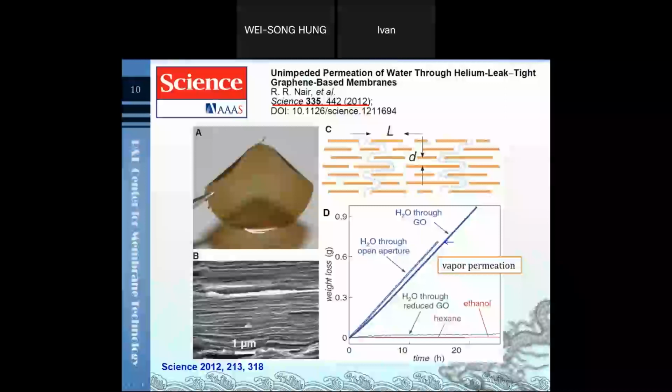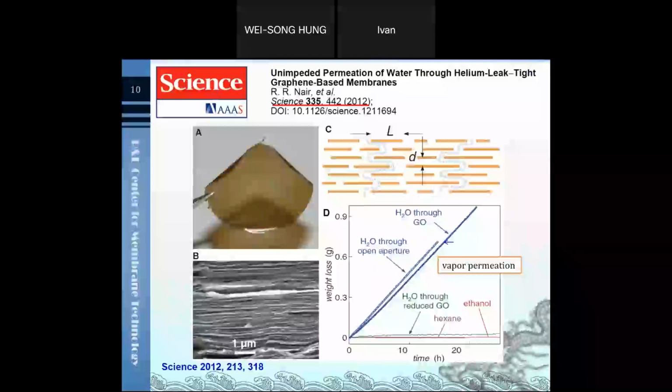And the key idea in this research is the article published in Science in 2012. This article used freestanding graphene oxide that allows the water molecule to quickly pass through and blocks the alcohol molecule.